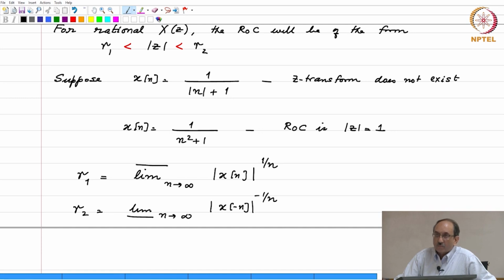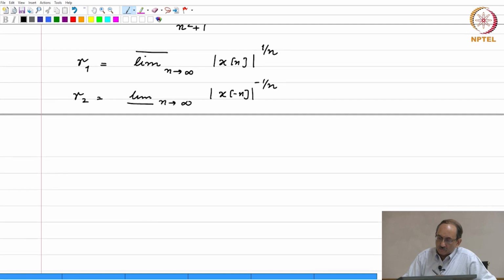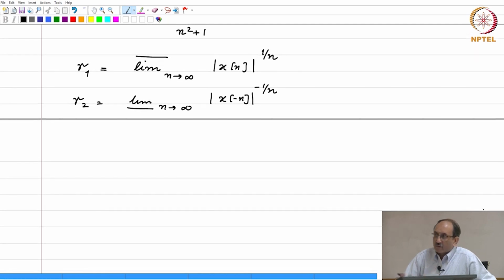Very good. Whereas for rational transfer functions, we need the two radii to be distinct. So, I just want you to be aware of these formulas, but our problems are much simpler; we will not have to use any of this.